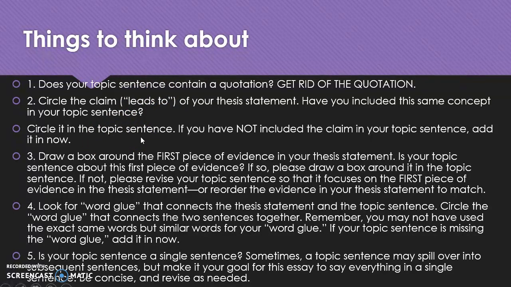These are things that I want you to do, and you can come back to this to help you make sure that you are writing a strong and a superb topic sentence. Draw boxes around the first piece of evidence in your thesis statement. When we're talking about evidence in your thesis statement, we are talking about what literary device or element did the author use to help you generate your thesis statement.